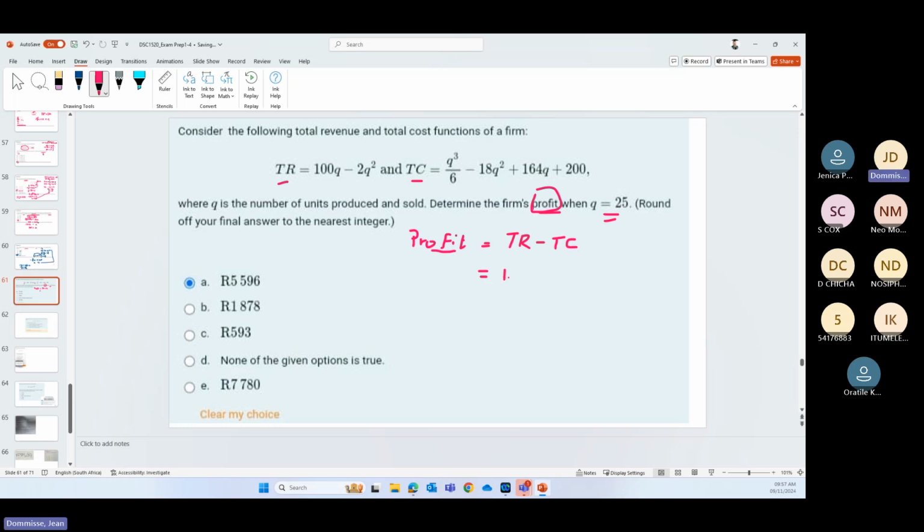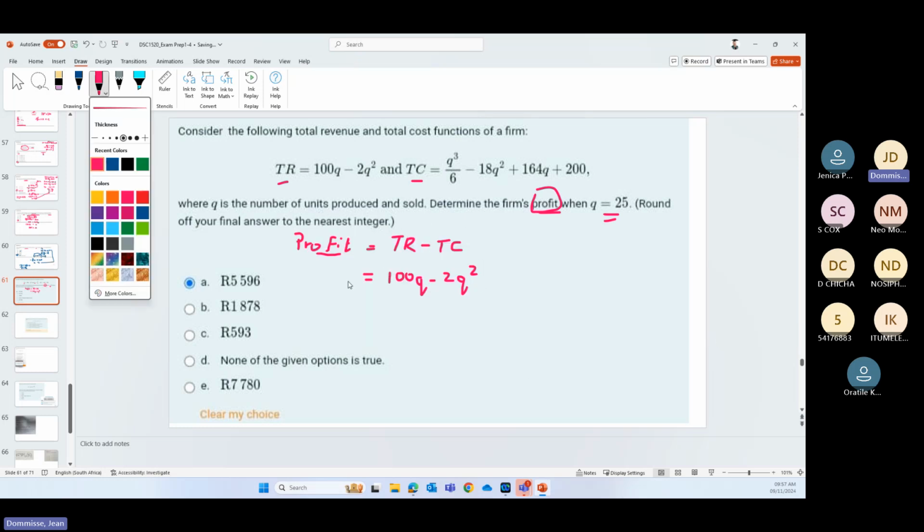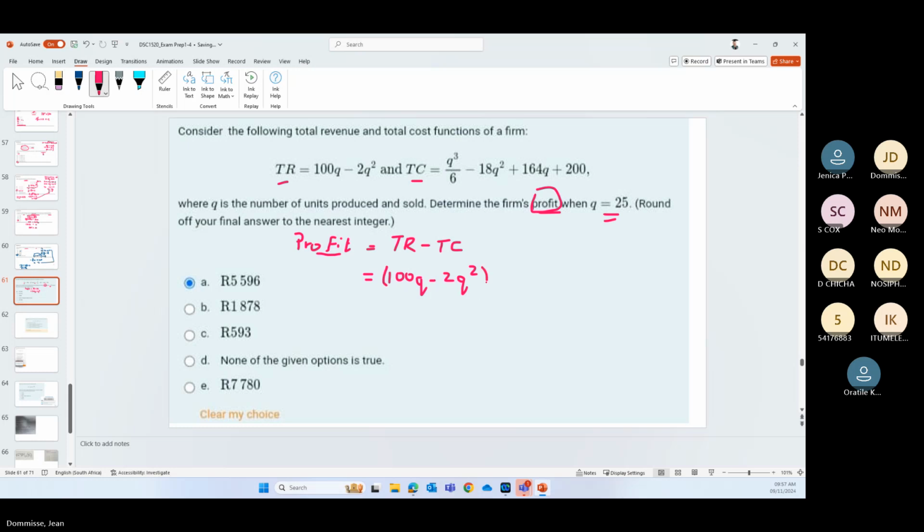So total revenue. What I will do is just move this because there's going to be a lot that we need to write down. So that's the total revenue. Then we need to subtract the total cost.